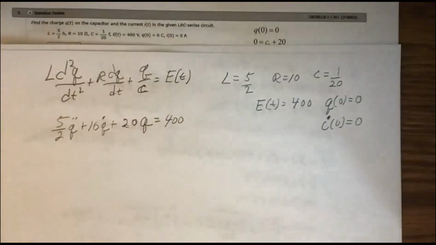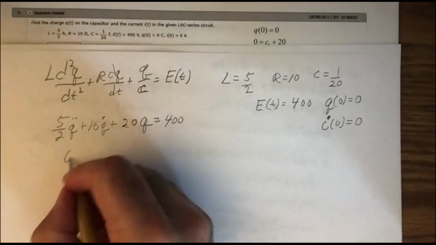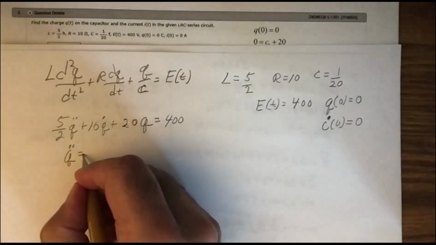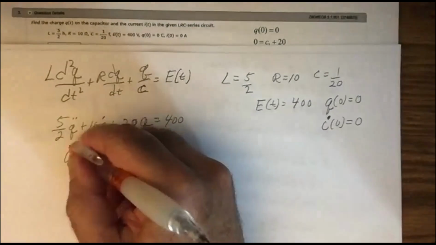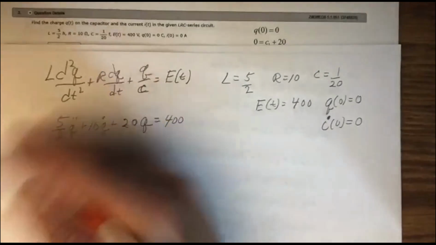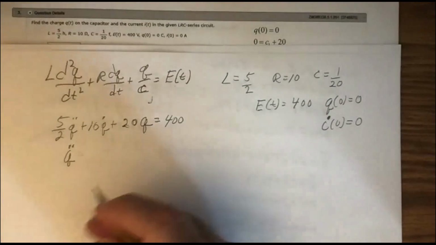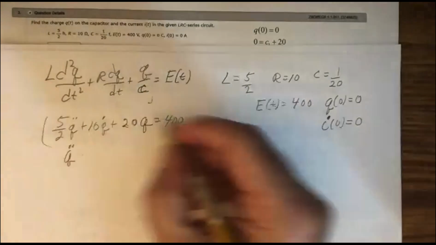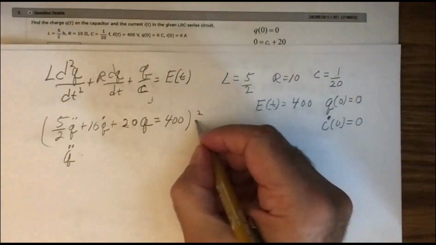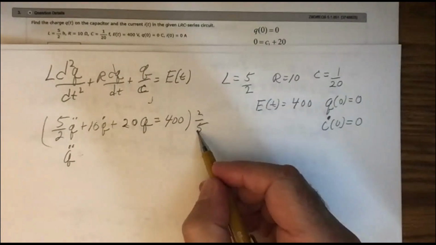I think the best way to do this is to multiply the entire equation by 2/5.